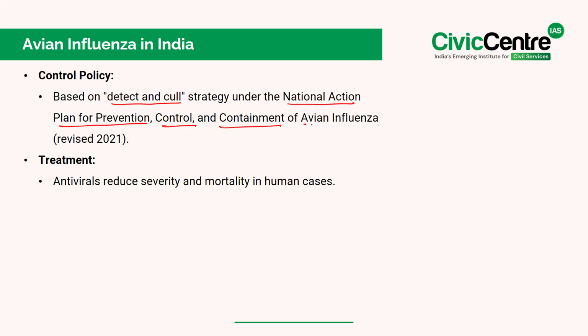This approach focuses on early detection, strict quarantine measures, and mass culling of infected and exposed poultry to prevent further outbreaks. Alongside these preventive actions, antivirals are used to reduce the severity and mortality of human cases, ensuring better recovery outcomes.